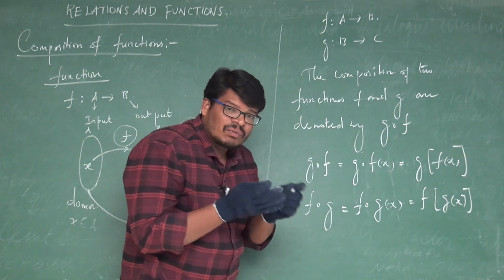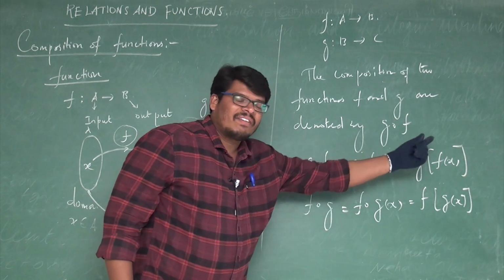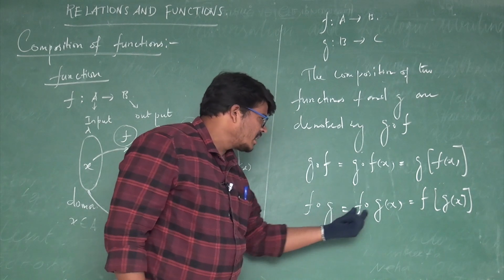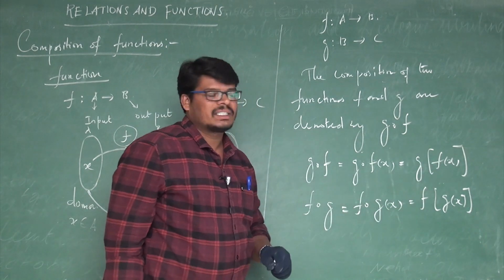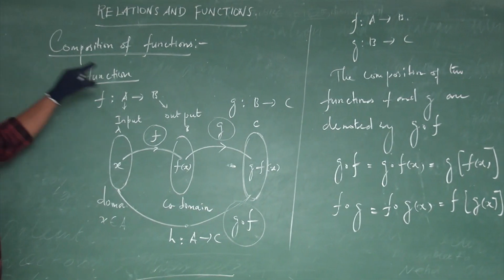Here the composition of two functions f and g is denoted by g dot f, which is g of f of x, and f dot g, which is f of g of x. That is a composition of two functions.